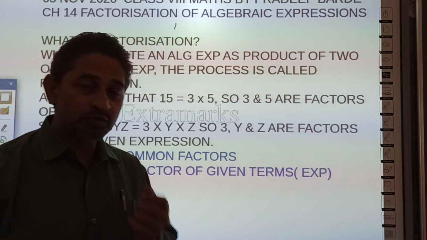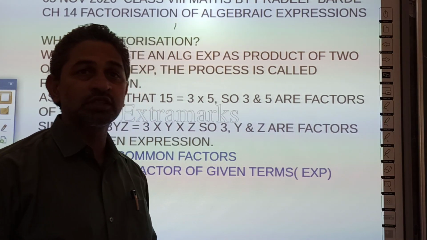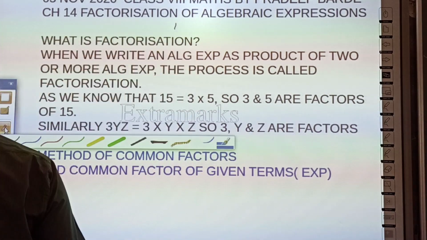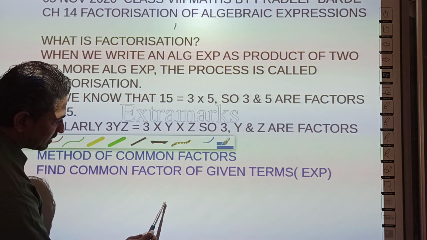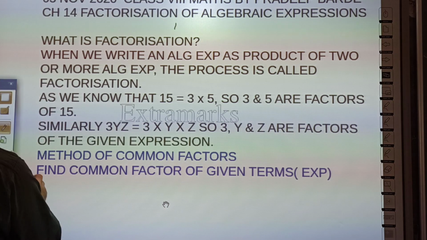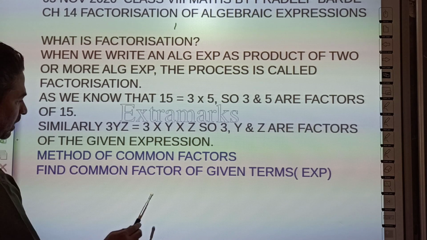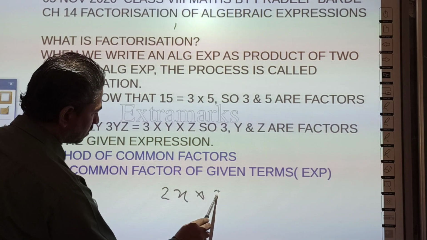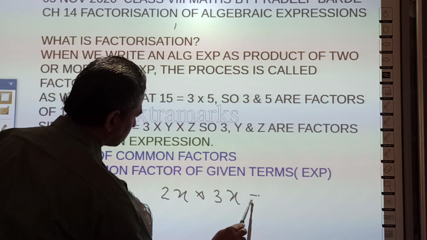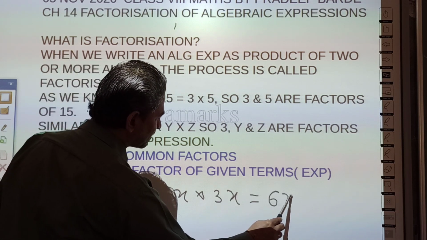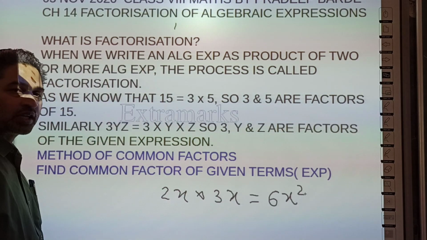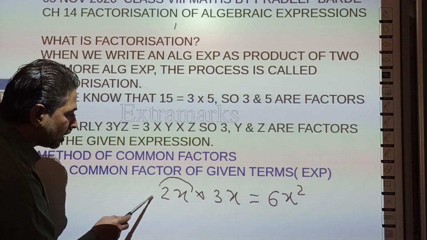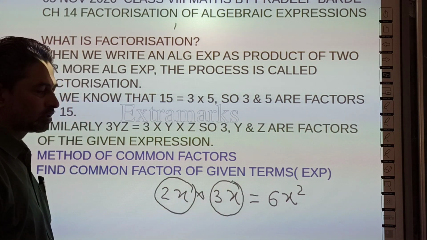First, let's discuss what is factorization. ये factorization होता है जैसा कि आपने देखा, we have learnt that if you multiply this 2x into 3x, we get here 6x square. यहाँ हमने क्या किया बच्चों? मल्टीप्लिकेशन किया. We have multiplied two algebraic expressions.